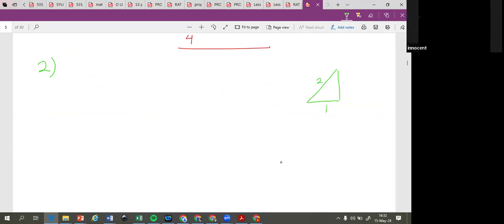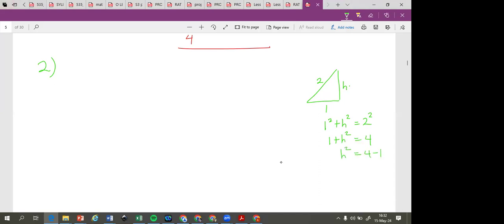So this is what you want, the height. By Pythagorean theorem, 1 squared plus h squared is equal to 2 squared. This is 1 plus h squared is equal to 4. So h squared will equal 4 minus 1 when I take the 1 to the other side. Then you get the root.